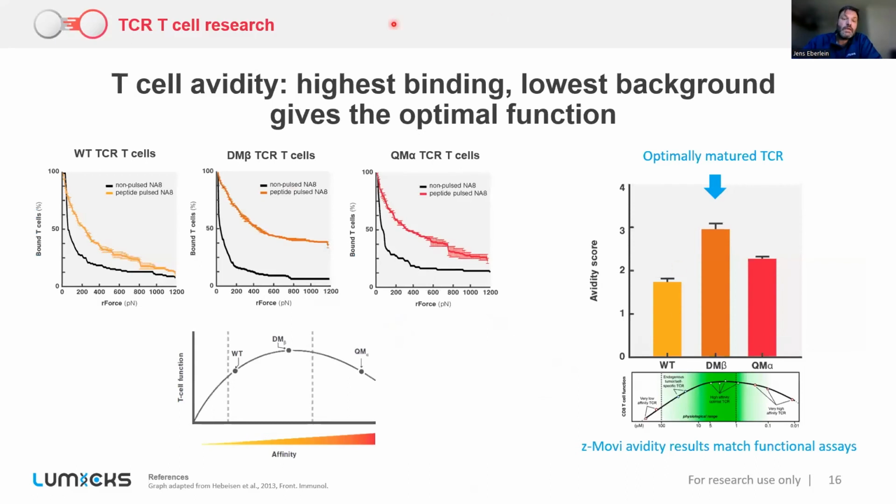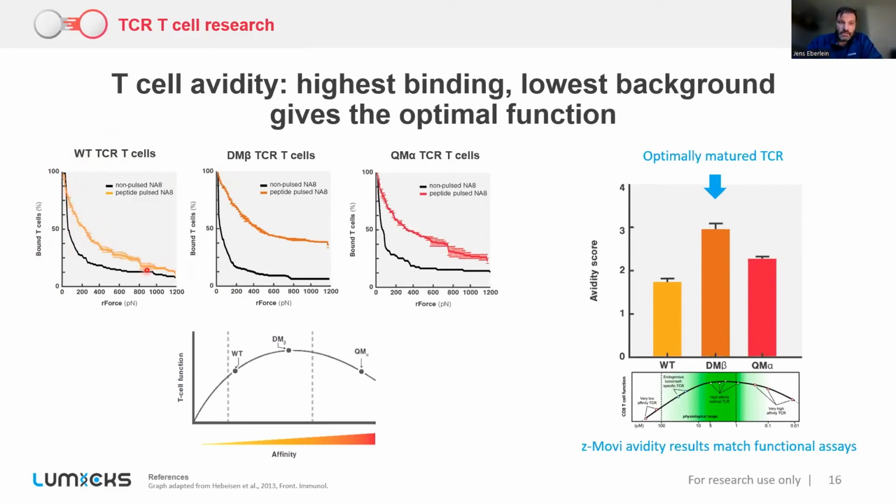So we looked at whether there's a better correlation between avidity and function. Again, these are our binding curves that I showed earlier, where you have the percent of T cells on the y-axis over the relative force. We're starting here with a low avidity example, the wild type TCR. You have some separation between the negative control in black and the peptide pulse, the positive cell line that the TCR can recognize.